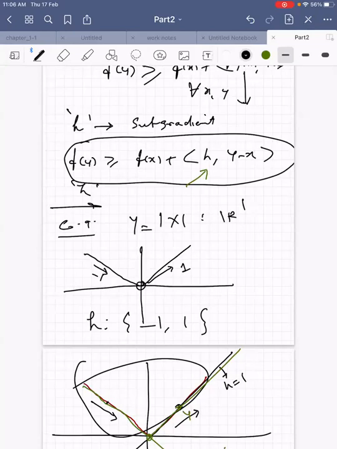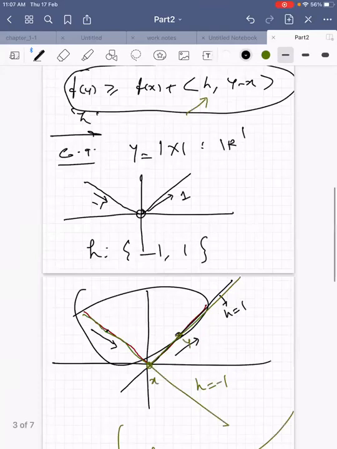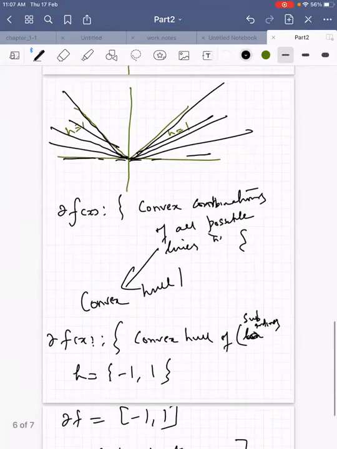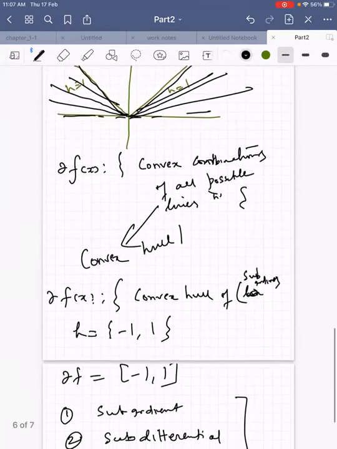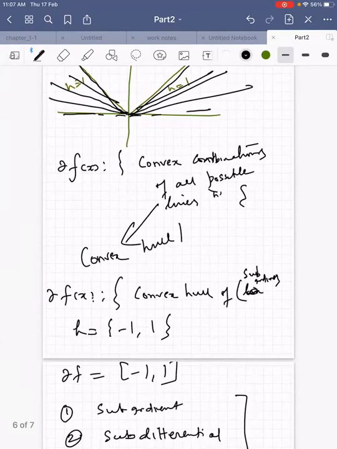This question may come in an exam or an assignment. You take the convex combination of H1 and H2, plug it into this equation, and verify that it satisfies the equation. If it does, then all the convex combinations are subgradients.